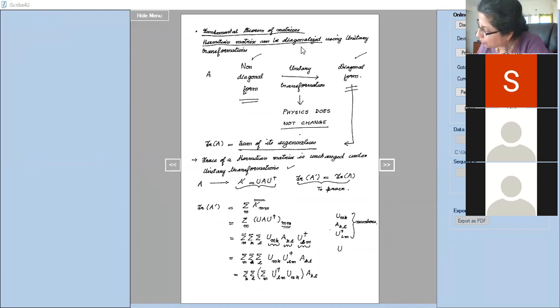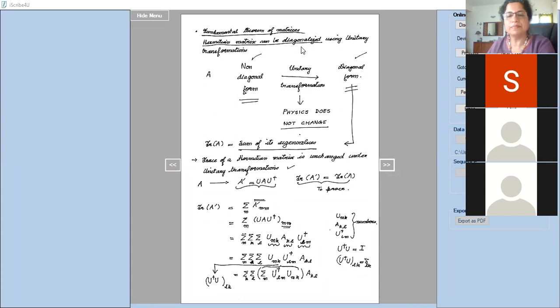Now what do we know? We know that U dagger U is equal to I. What is this element? Can anybody tell me? This is nothing but the U dagger U element LK, which is going to be nothing but delta LK.